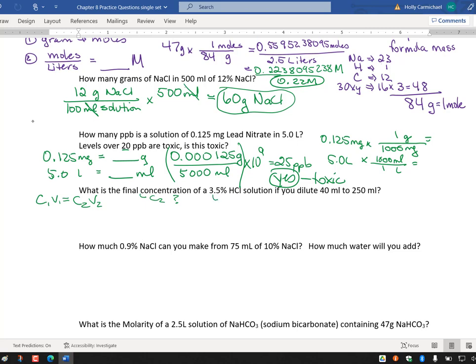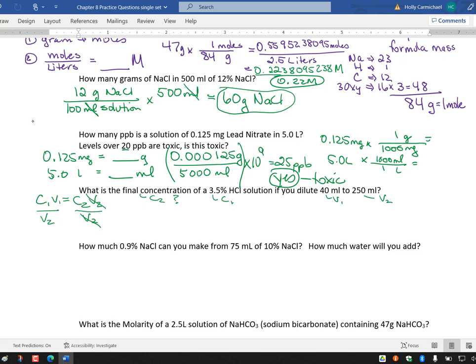That's my unknown. So I want to get C2 all by itself. I know that 3.5% is C1, and you are diluting it from 40 mils to 250. So this is V1 and this is V2. Plugging these numbers in, I have to rearrange the formula. I need to get C2 all by itself, so I divide both sides by V2, which moves V2 to the opposite side.